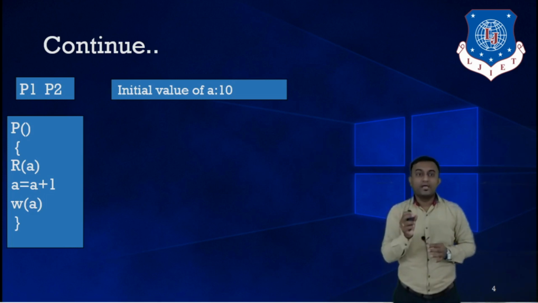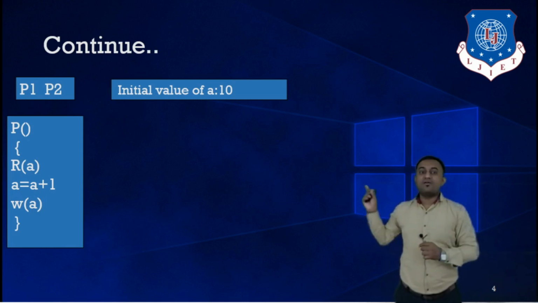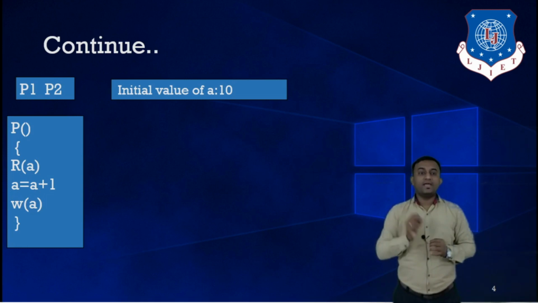Resource A needs to be accessed by the P1 and P2 processes in a different way. The first instruction is R of A, read of A. What is the initial value of A? For ease of understanding, we have taken the initial value of A as 10.